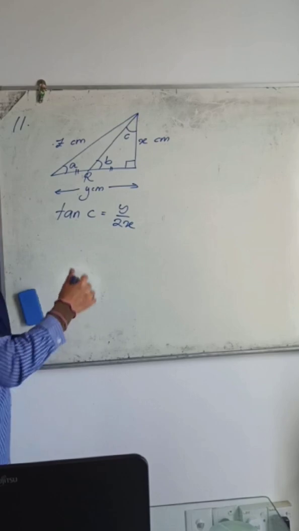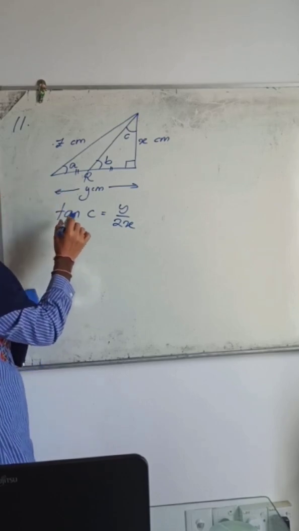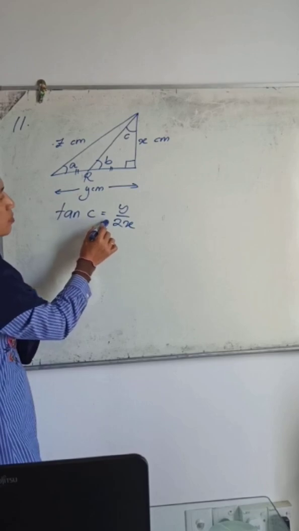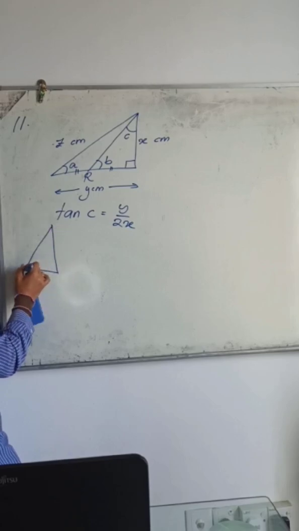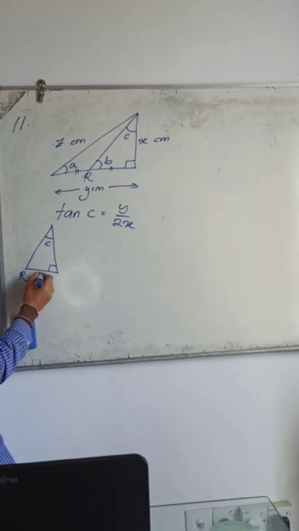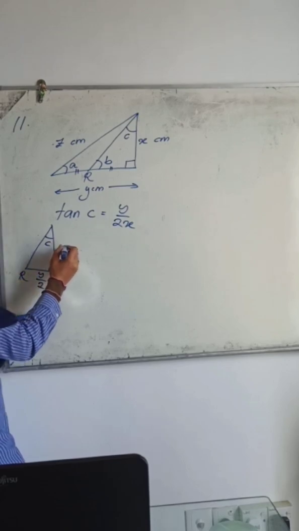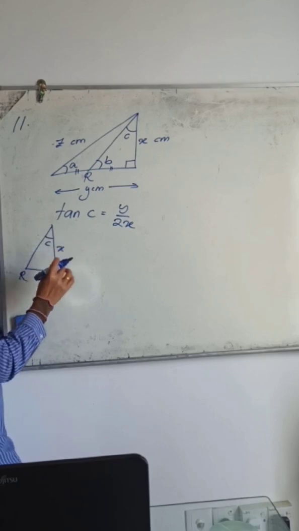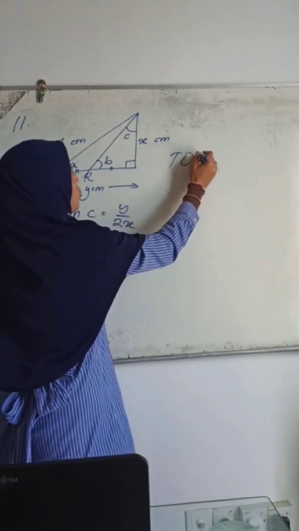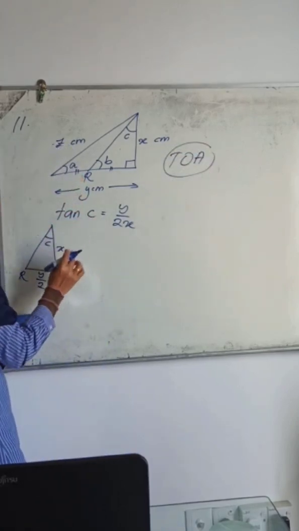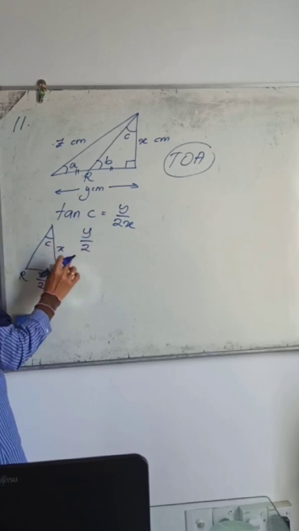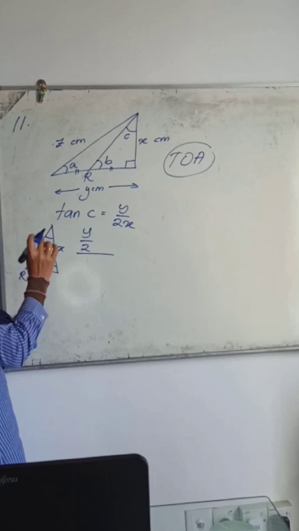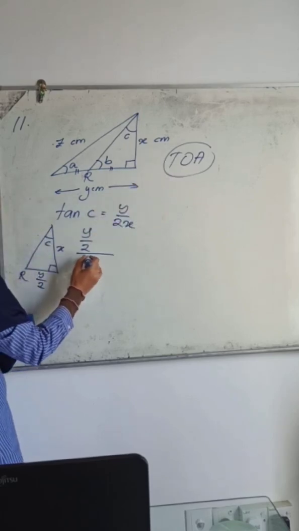So the statement is false. Number 11. The same diagram, the statement given: tangent C is equal to y per 2x. So focus on this right angle triangle. So angle C here, here is R. So this side is y per 2 and this side is x. So tangent C, tangent is opposite, y per 2, per adjacent, which is x.